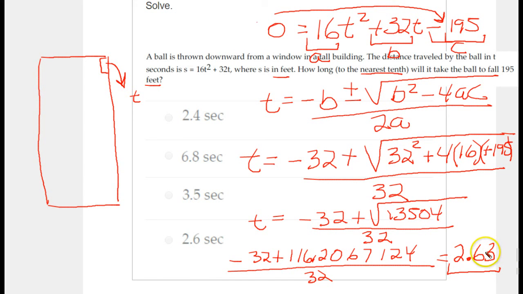But they want us to round this to the nearest tenth. So we look at our hundredths place, then we're going to just drop this. We get 2.6, which happens to be right there. Now again, we're showing lots of work, and again, show the work. And you're going to use your calculator, of course, to do this computation.